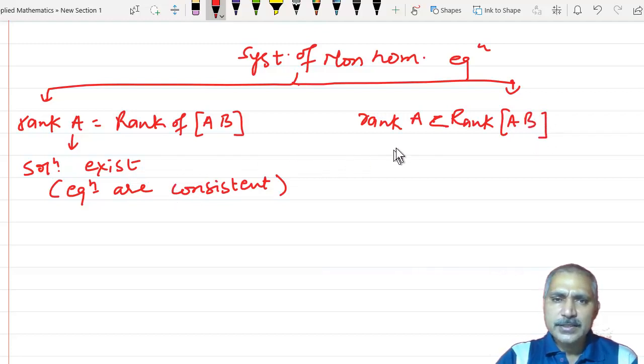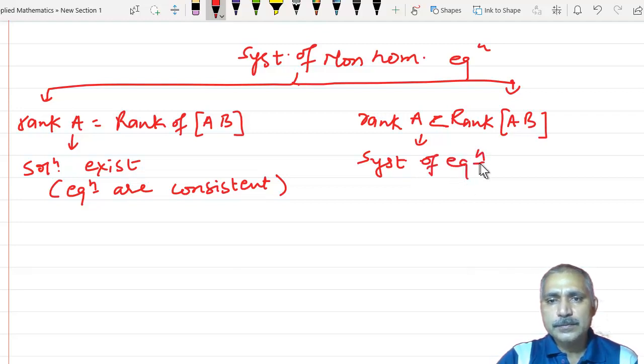In this case solution does not exist. System is not consistent. System of equations are not consistent, and solution does not exist.